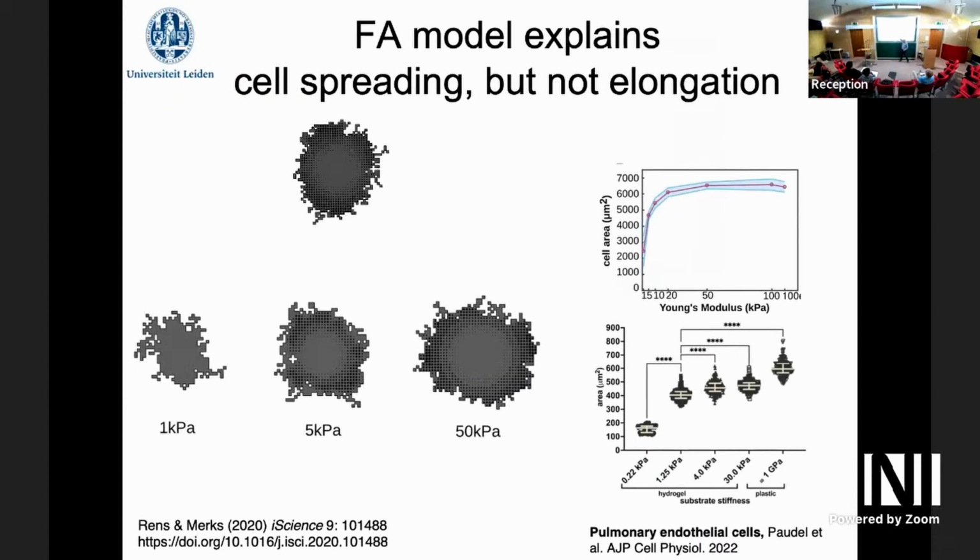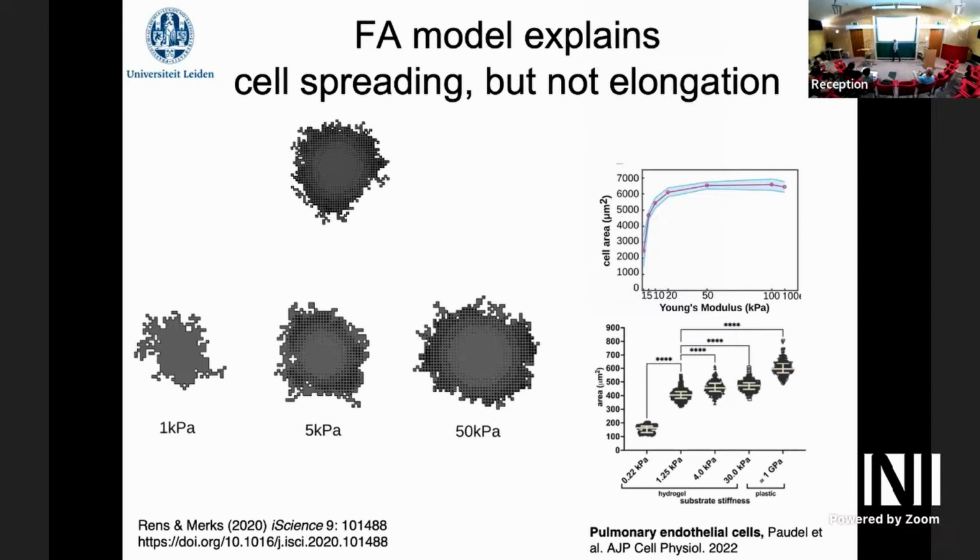So here I have the behavior of the model. You see that these adhesions are the black dots. The cell slowly grows, and whenever it gets a new location, a new adhesion is formed and it starts pulling on it. If there's more force, and if the substrate is stiffer, then the adhesion will grow, and it will take more energy to pull it apart. So you get some kind of ratchet effect that makes the cell spread.